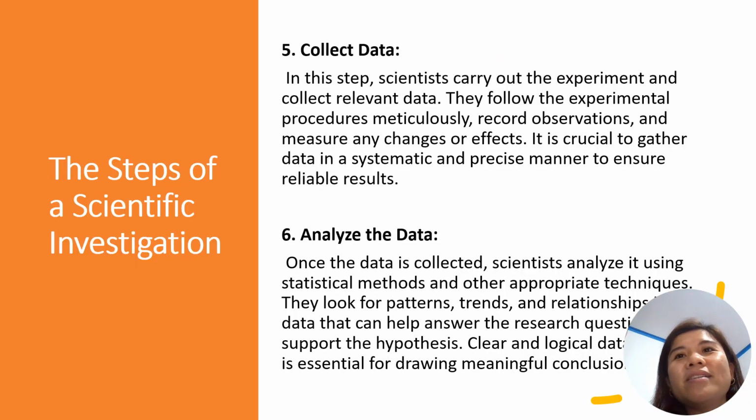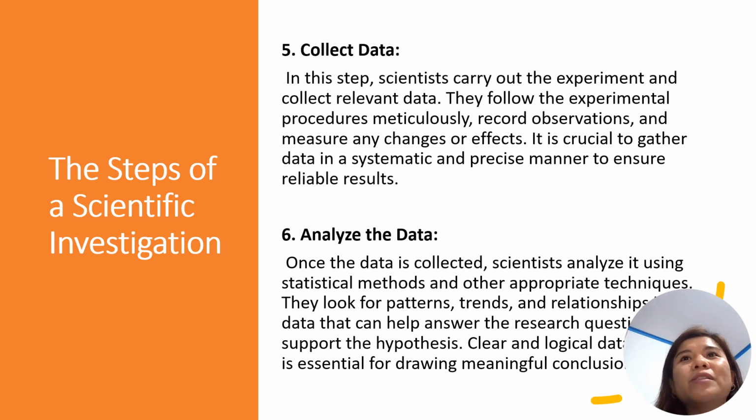Then we have the fifth step, or step 5 of the steps of a scientific investigation. It's collect data. In this step, scientists carry out the experiment and collect relevant data.